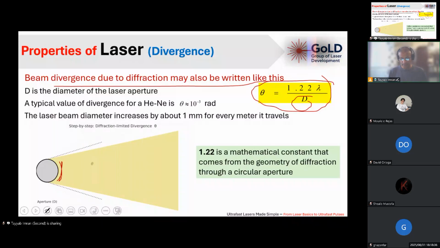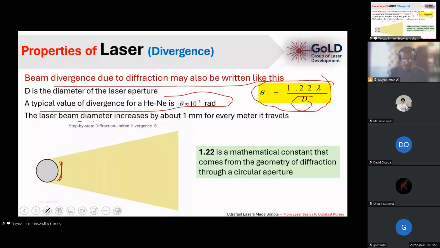In the case of a general purpose helium neon laser, this is around 10 to the minus 3 radian divergence. It's very small.